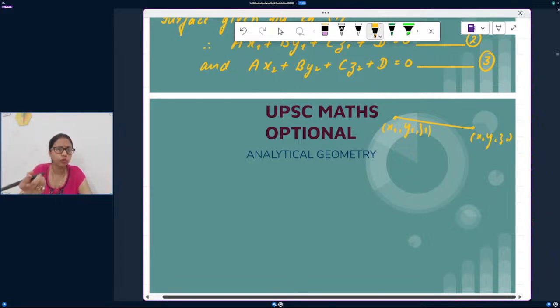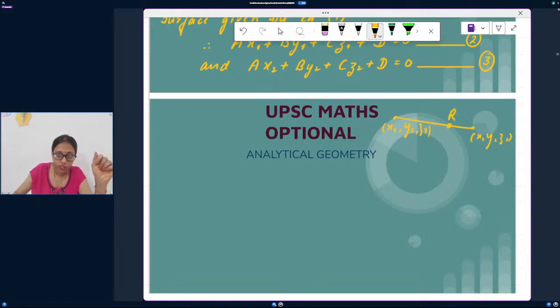In mathematics we don't take every point. We take an arbitrary point. If it is true for that arbitrary point, it is true for all of them. So let me take any random point from here. How will I take that point? Section formula. You have to revise the section formula. If this is P, this is Q, I can find this R if I assume that it is in the ratio 1 is to K. It can be outside also, it can be inside also.